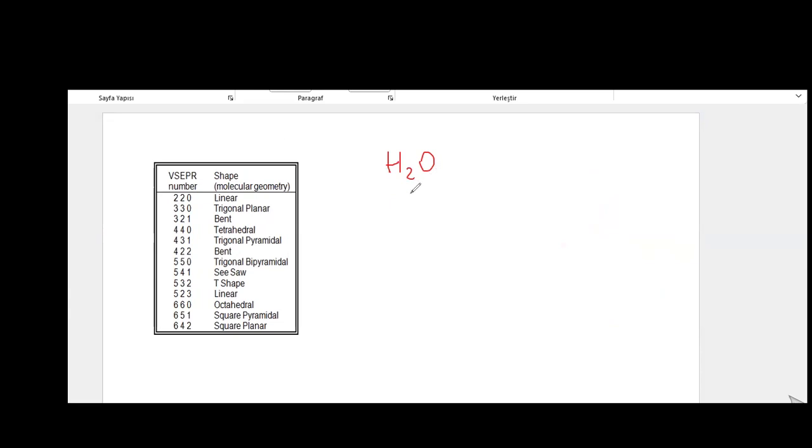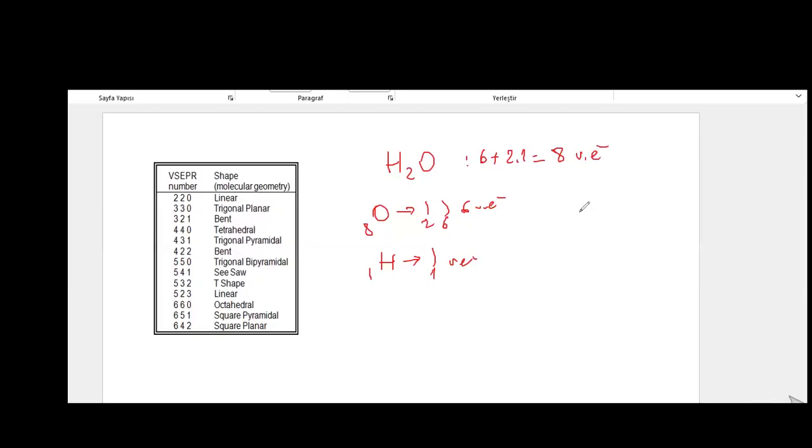If you look at the water molecule, oxygen has 6 valence electrons. And let's look at the hydrogen atom. You are going to see that there is only 1 valence electron. So let's find the total valence electron number. 6 plus 2 times 1, as you see, 8 valence electrons in total.